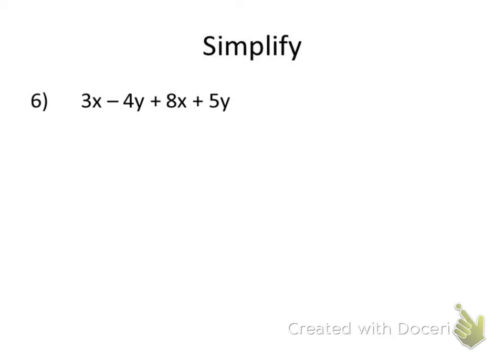Alright, here's the next one. Again, I'm going to switch this up, so don't write it down just yet. We can write all but the last term. I'm just going to change the 5y to just being a y. Just another one where we practice no coefficient at all.